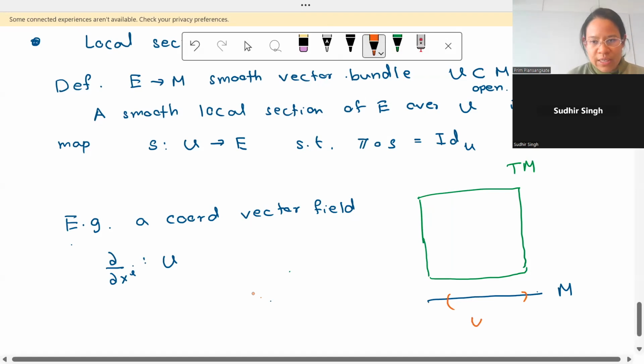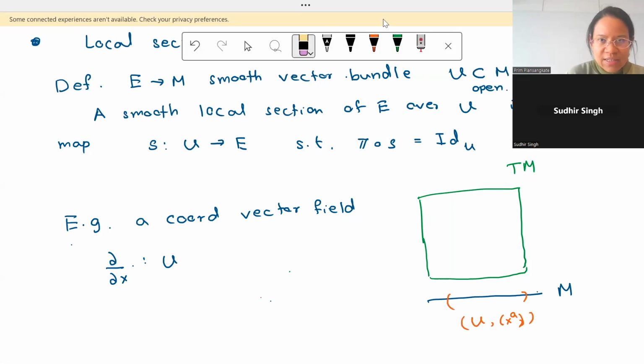Suppose you have a coordinate neighborhood U with coordinates x^i. I'm using indices.